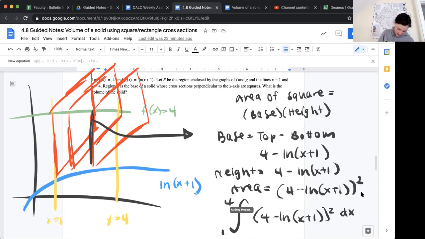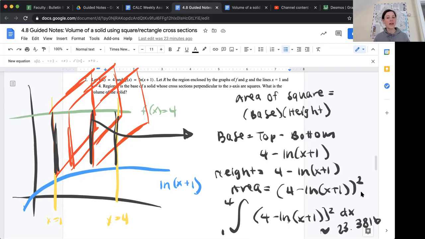And those are my bounds this time because it starts at 1, ends at 4. And then again, I can approximate this using my calculator and I get 23.3816.